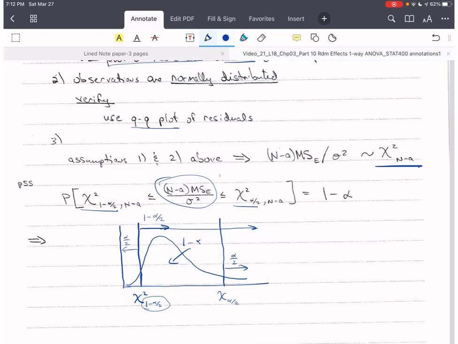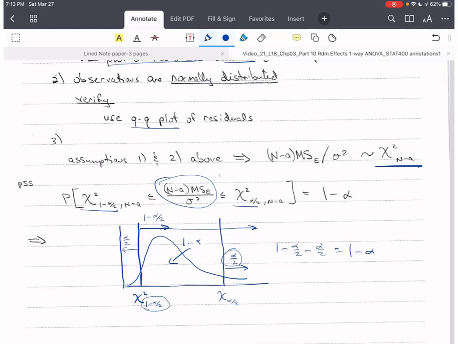Okay? So we have 1 minus alpha over 2. Yeah, so this would be 1 minus alpha. If we subtract another alpha over 2 from this, we have 1 minus alpha over 2 minus alpha over 2 equals 1 minus alpha.